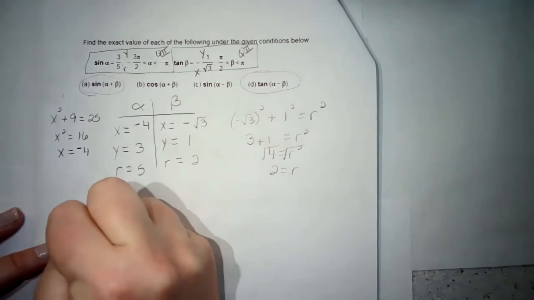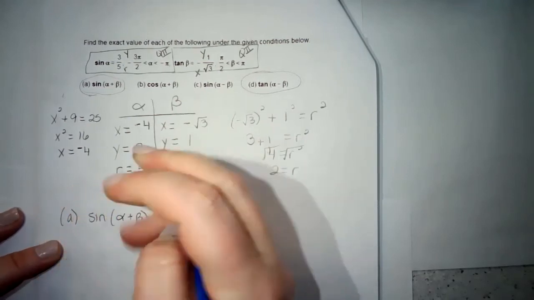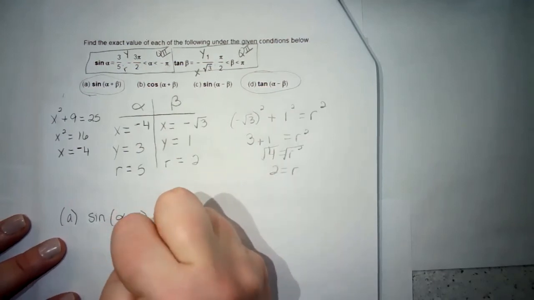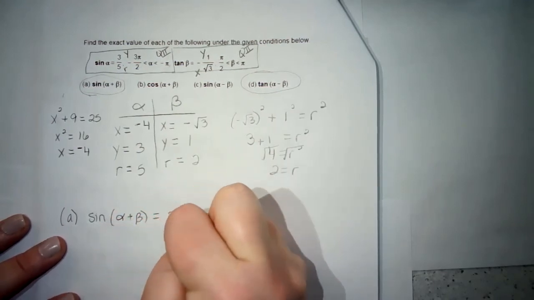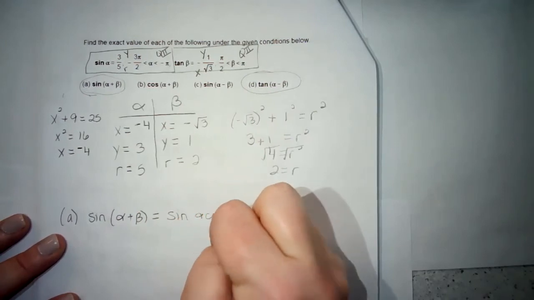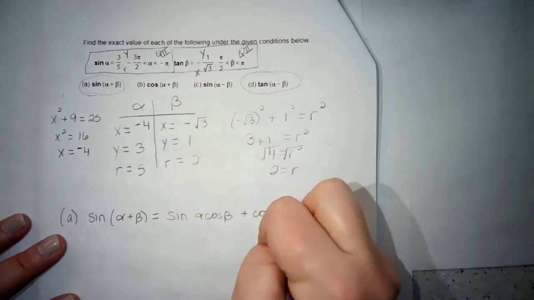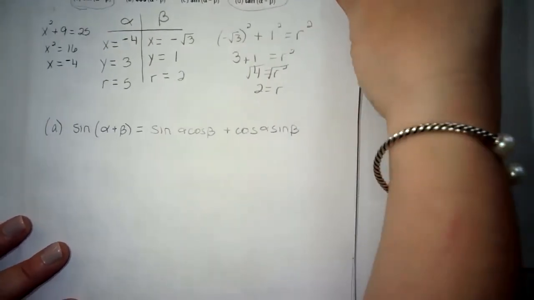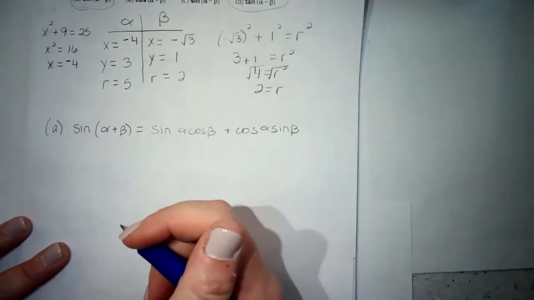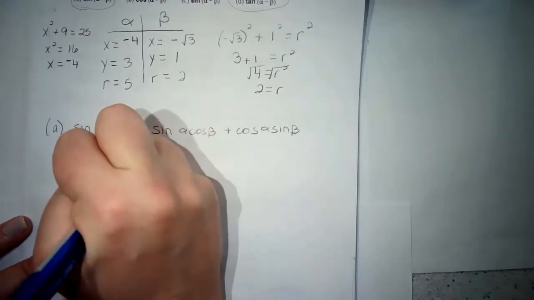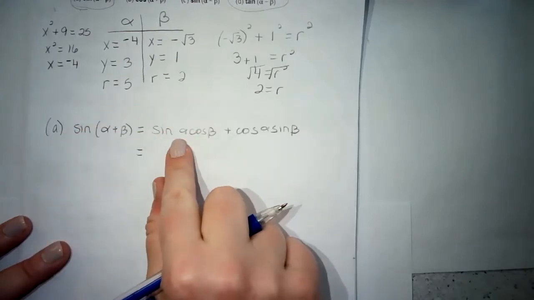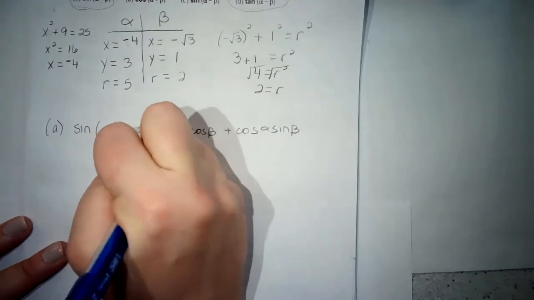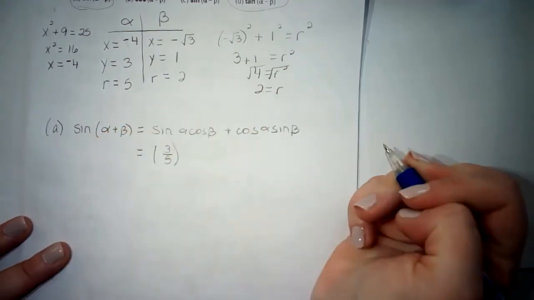Okay, so sine of alpha minus beta, this is the plus version. If you go back and look at that formula, it's sine alpha cosine beta plus cosine alpha sine beta. And then we're just going to use our little chart. We go to the alpha chart and do y over r, it's 3/5.